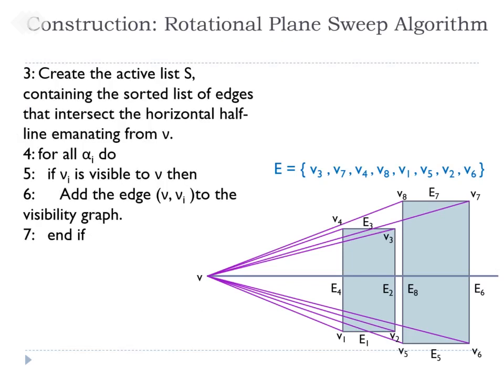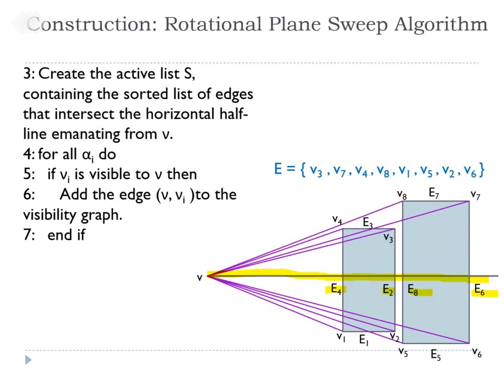Next, we have to construct an active edge list that is obstructing the line of sight. So starting with the horizontal line which is shown here, VV prime, we will be considering all those edges of the obstacles which are hitting the line of sight. So in this case, E4, that is V1, V4, E2, that is V2, V3, E8, that is V5, V8, and E6, that is V6, V7, are initially put in the active list S. So S is created.